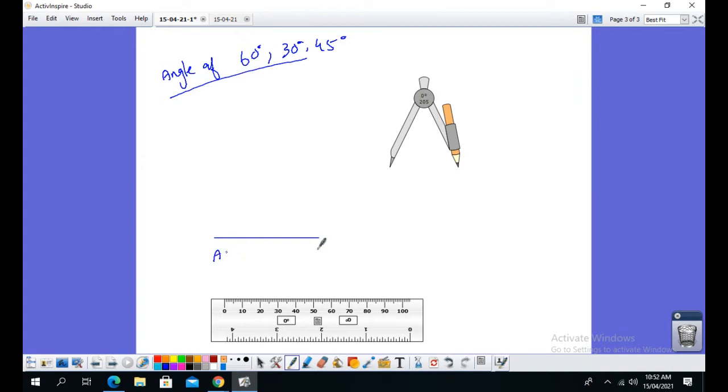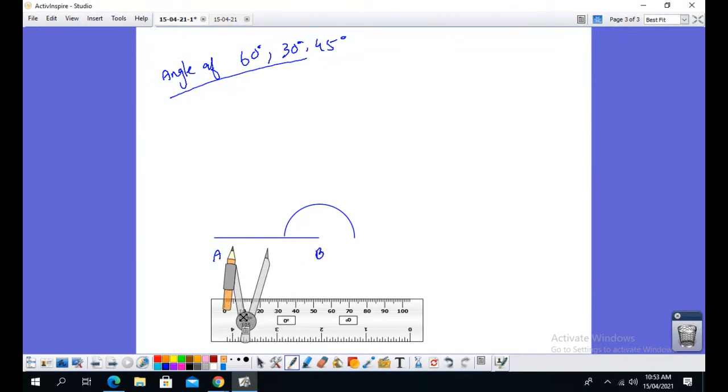If we want to draw angle on B, we place compass on B and open compass up to 2 centimeter or 1.5 centimeter. It's up to you, according to your space. Then draw a semicircle.